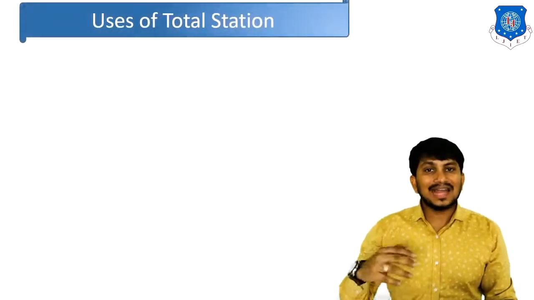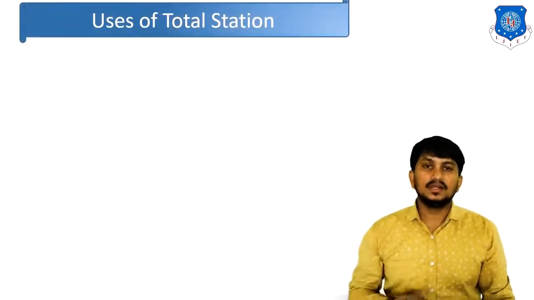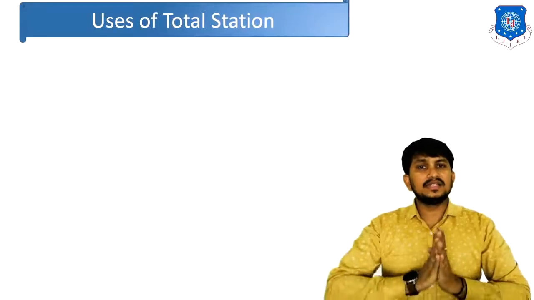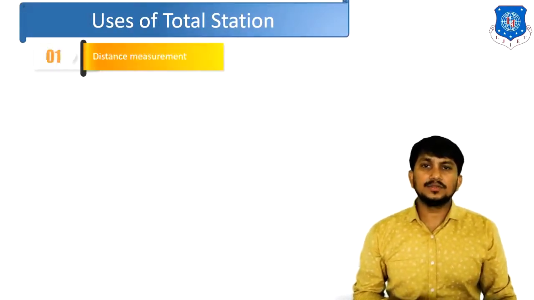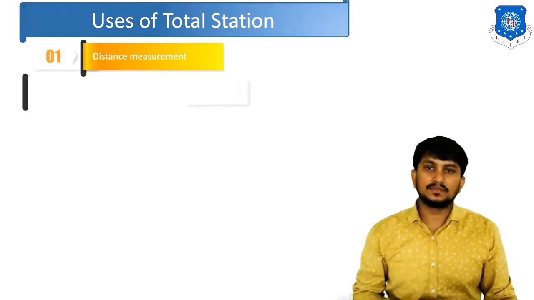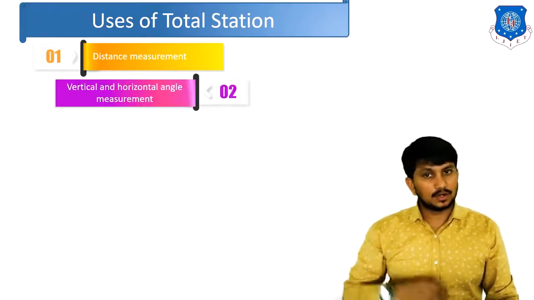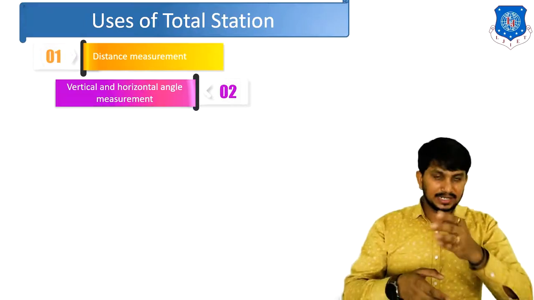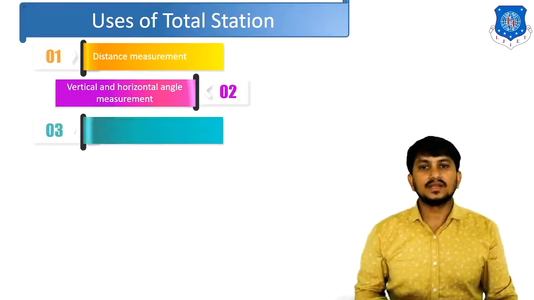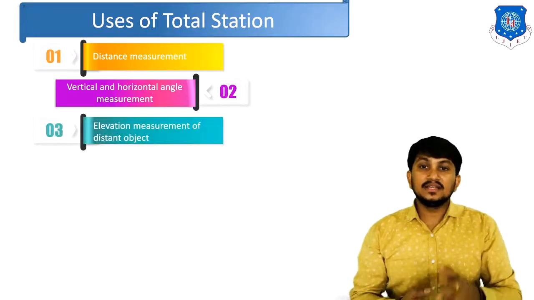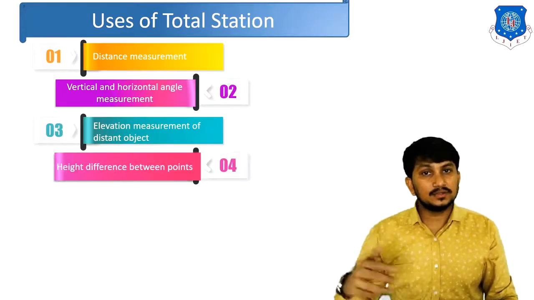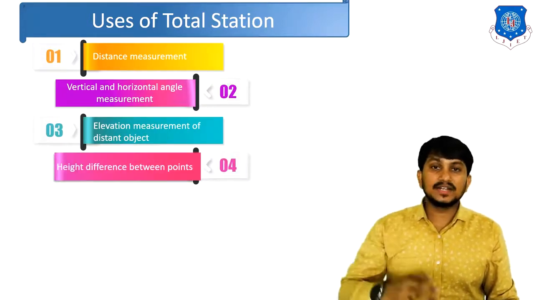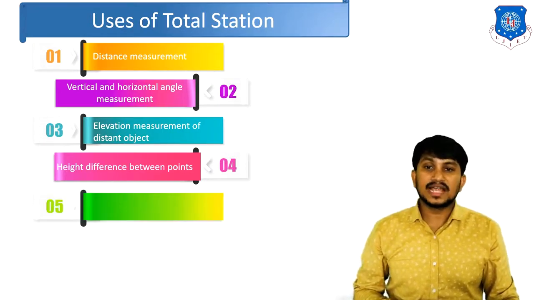Let's see where this total station can be used. It can be used for measuring a number of types of readings. First, it is used for distance measurement. It is also used for horizontal as well as vertical angle measurement. It is used for measuring the elevation of an object, for finding the height difference between 2 points, and for finding the height of a point above datum.